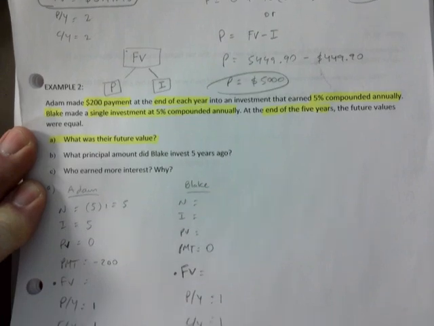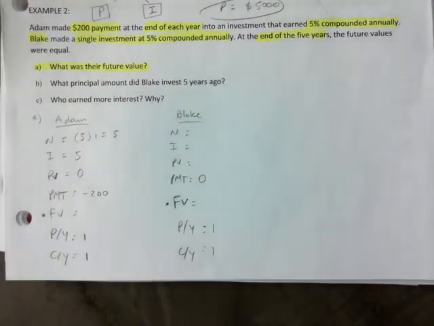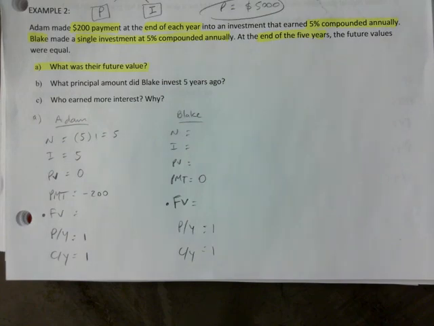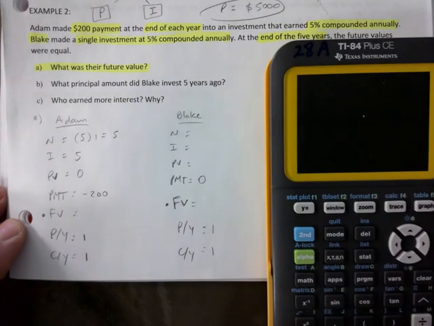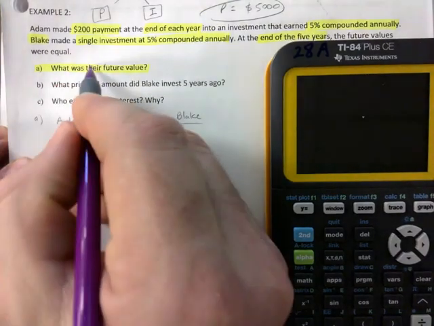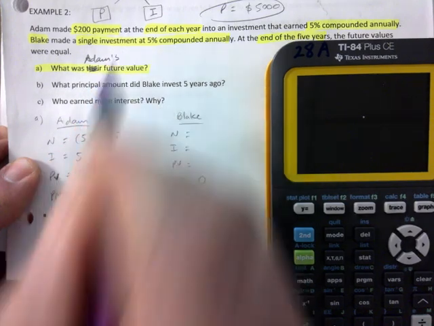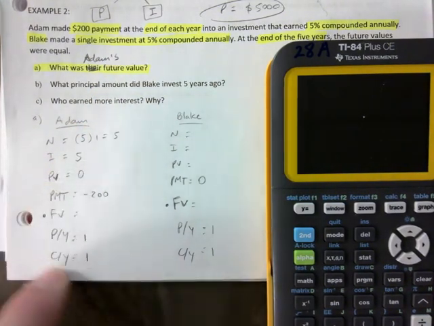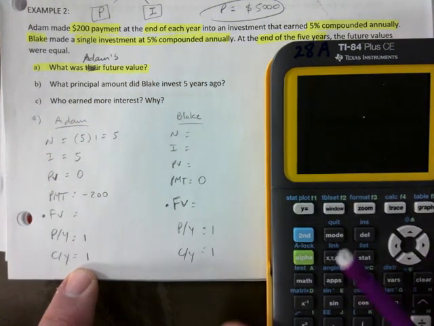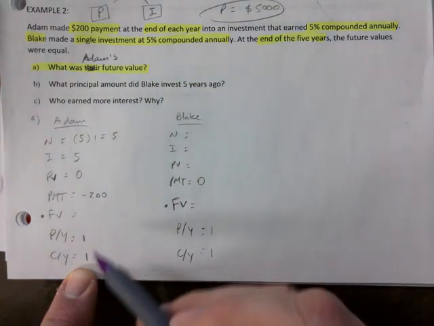Then Adam and Blake. I haven't quite finished this, but I hope this makes sense for Adam. We're comparing Adam making payments and not making payments. How is that different?